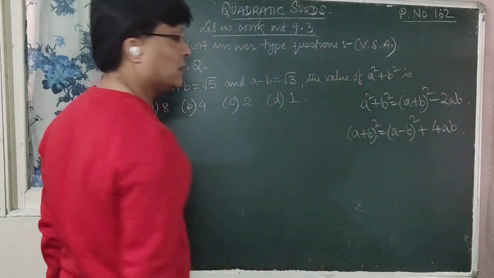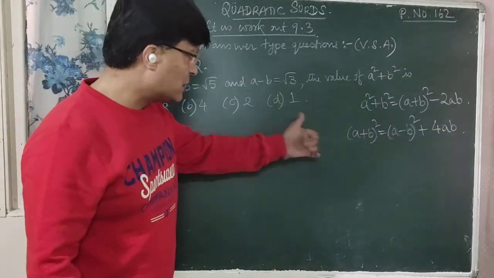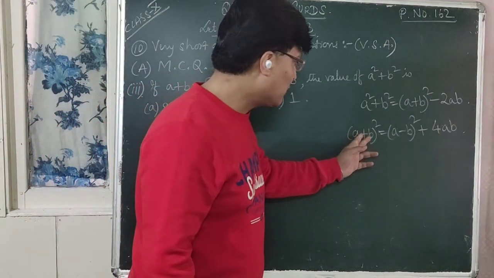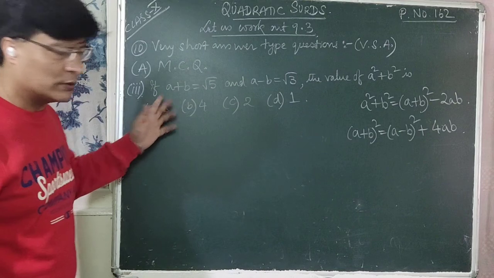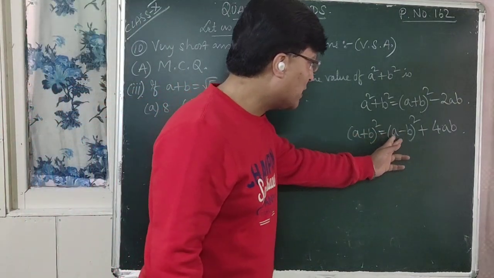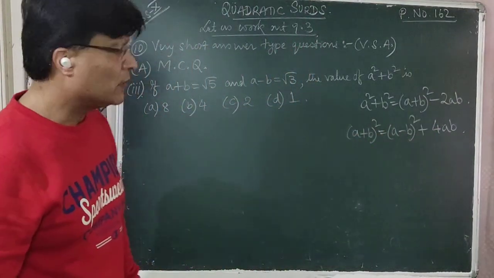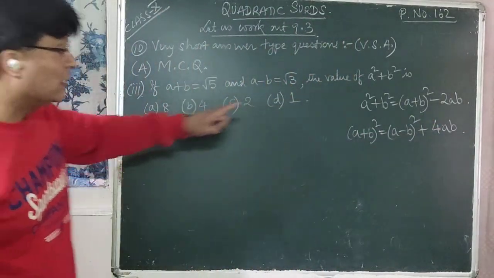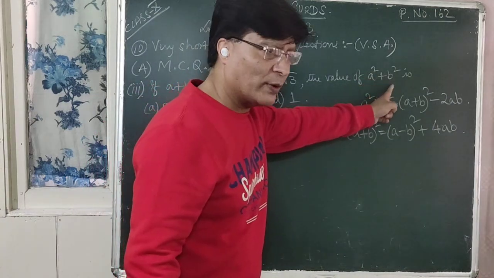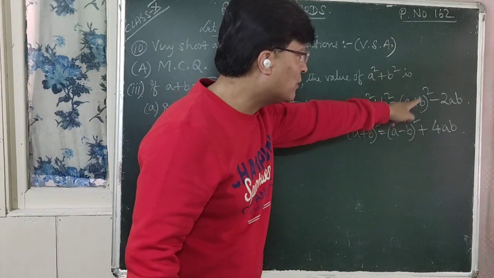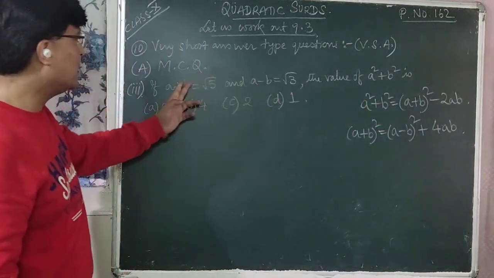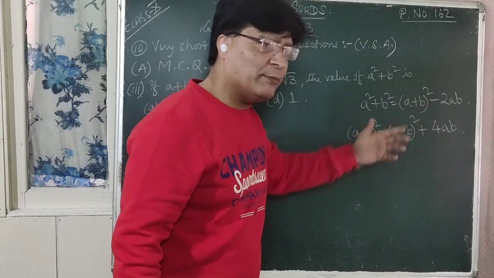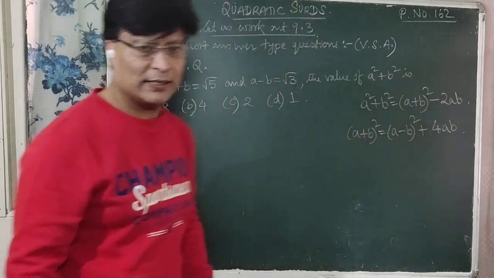This is the formula that we have done in question number 2. Let us use it to get the value for ab first, because to get a square plus b square we need a plus b whole square minus 2ab. A plus b is already known, but we don't know the value for ab, so we have to use this formula.